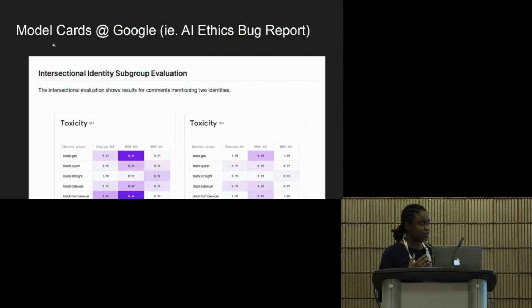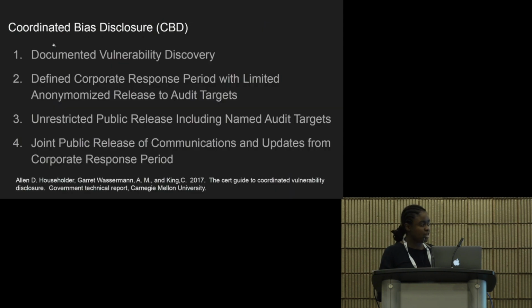Here's an example from the Perspective API model at Google. They created their own user representative benchmark, similar to PPB, and looked at performance in terms of unitary groups, in this case concepts related to LGBTQ status and gender, and they look at intersectional performance. They can identify and communicate about the classification bias in the model.